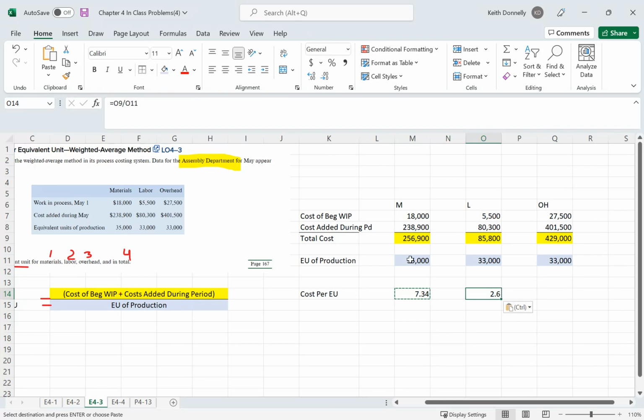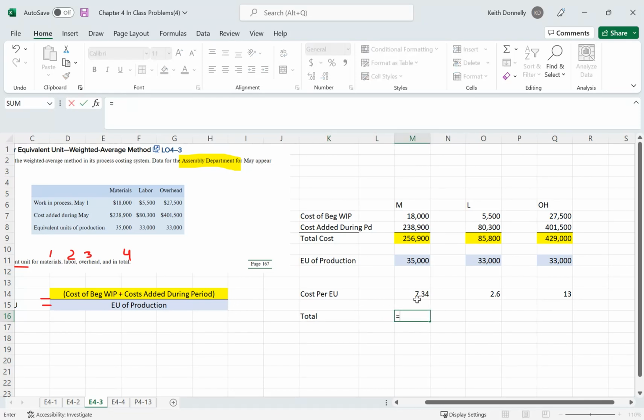It's going to be 260 with regard to labor. And then it's going to be 13 with regard to overhead. So that gets us 1, 2, 3 right there. Now we got to do in total. Our total amount is just going to be the sum of those three guys. Add them together. Looks like in total, we're looking at 2294.